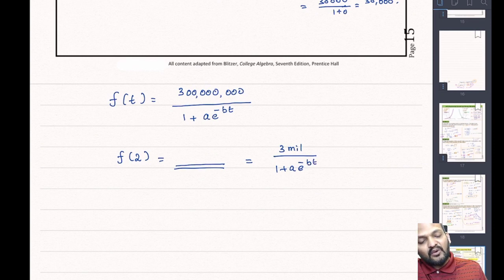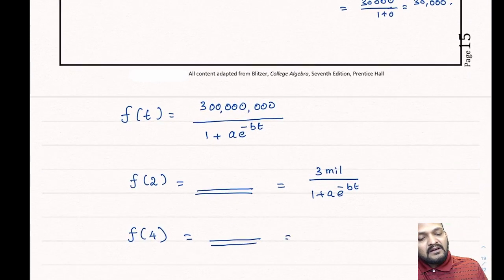So you're going to have an equation, and then solve that equation. Try to find f of this week. You know the number of the population who got infected, and that is, sorry, 300 million. I shouldn't say 3 million.